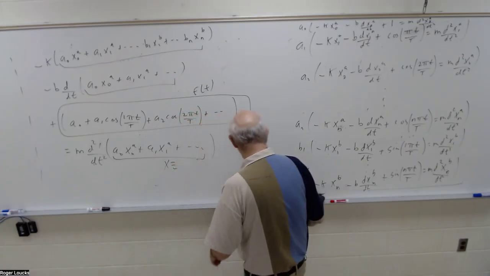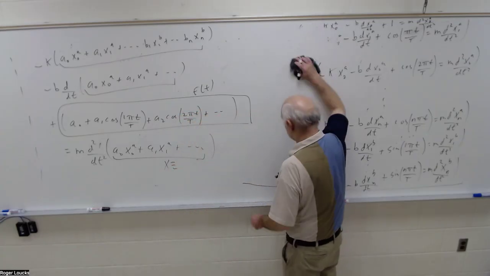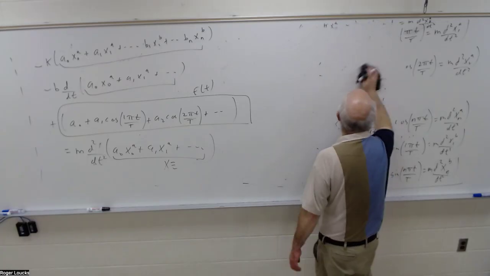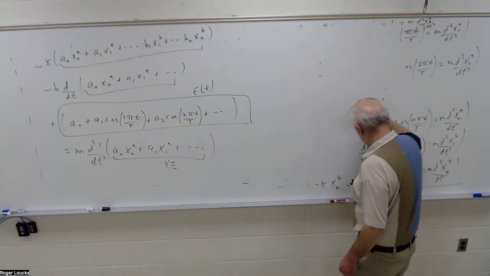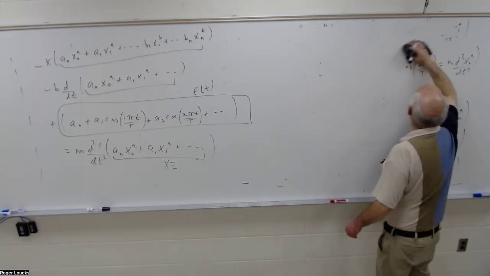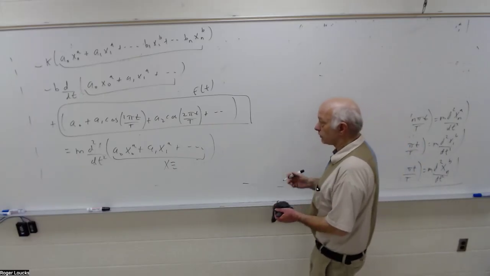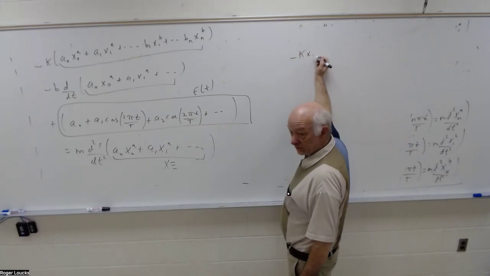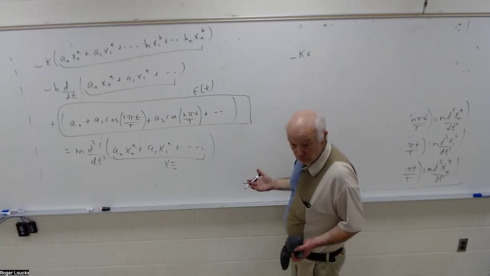So what I have here is now the actual solution to my problem. I have minus here, which I now know what that is because I solve for those coefficients and I know all this.